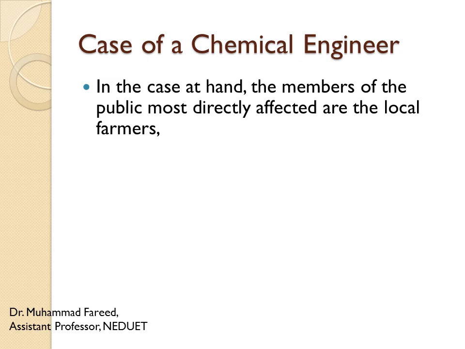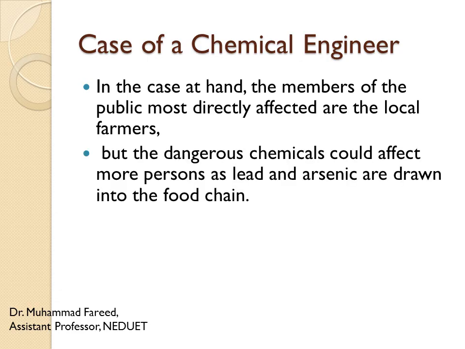In the case at hand, the members of the public most directly affected are the local farmers, of course, because they are exposed directly. But the dangerous chemicals could affect more persons as lead and arsenic are drawn into the food chain.